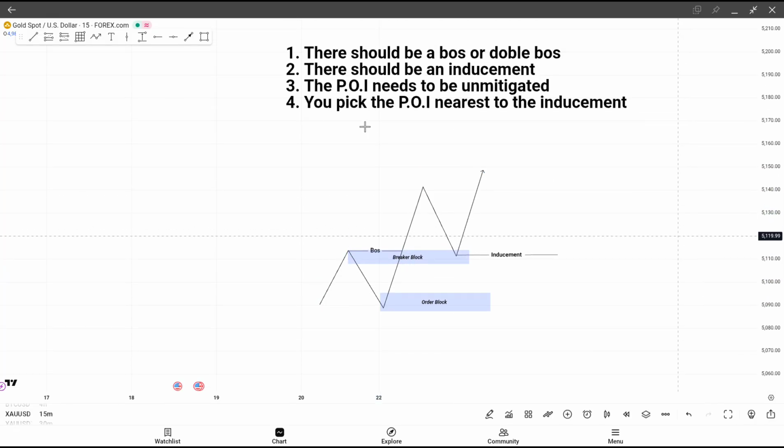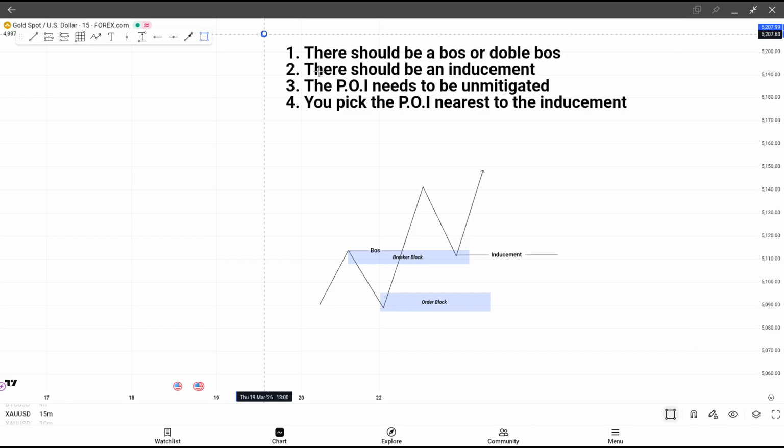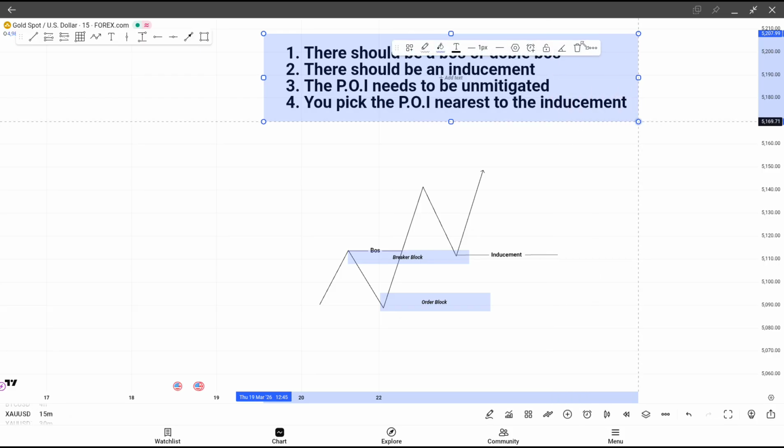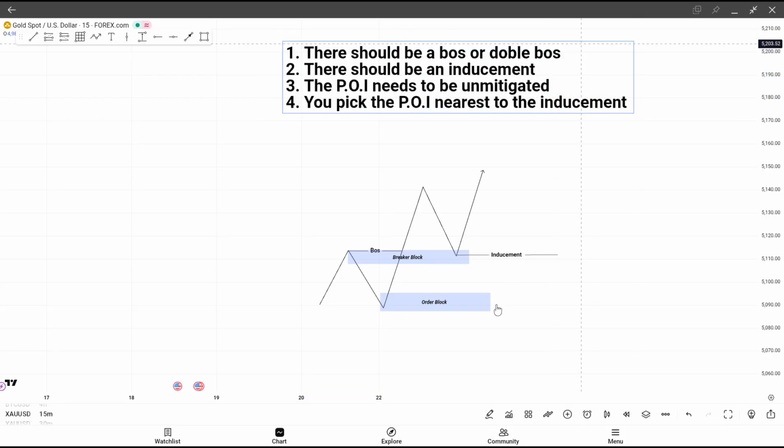So the 4th rule says you pick the point of interest nearest to the inducement. If this is the inducement, which point of interest is the nearest one that made that take off, those rules? That point of interest is this breaker block. The breaker block is unmitigated and is the point of interest that is nearest to the inducement.